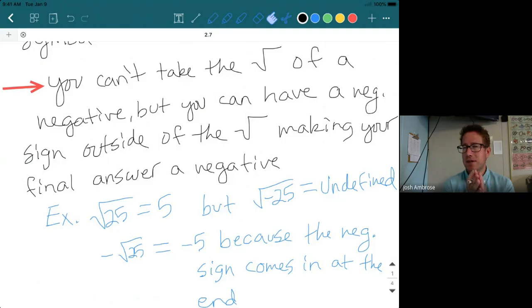Well, that's undefined. You can't do it. But what if you put that negative sign in front of the radical, so that underneath the radical is just a regular 25? Then the square root of 25 is 5, but that negative sign on the outside would come into play, creating a final answer that is negative 5, because that sign comes in right at the end.